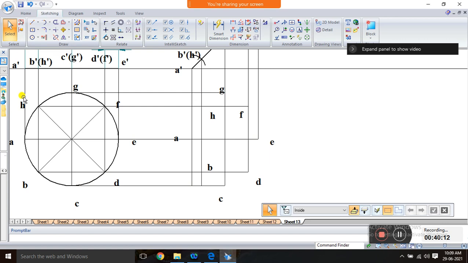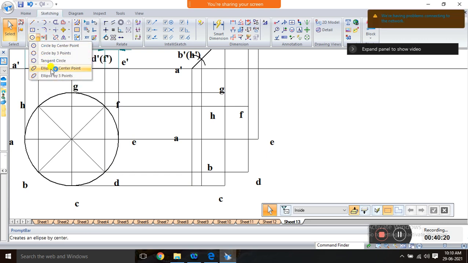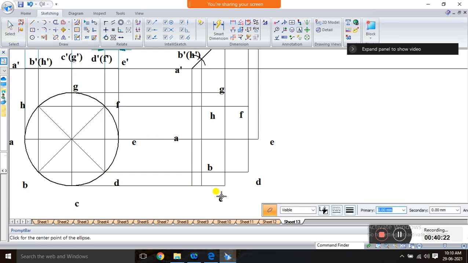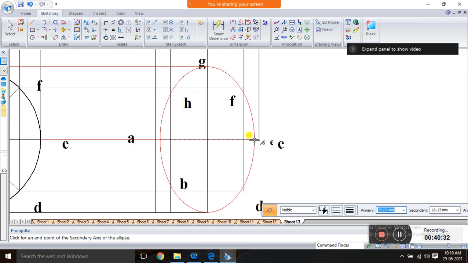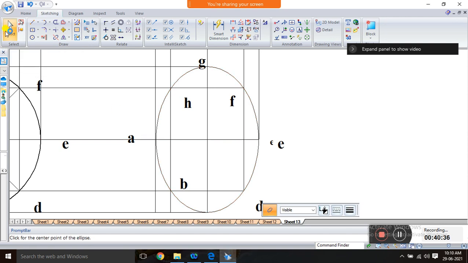So if you tilt the circle, it will look like an ellipse. So like this you have to join.